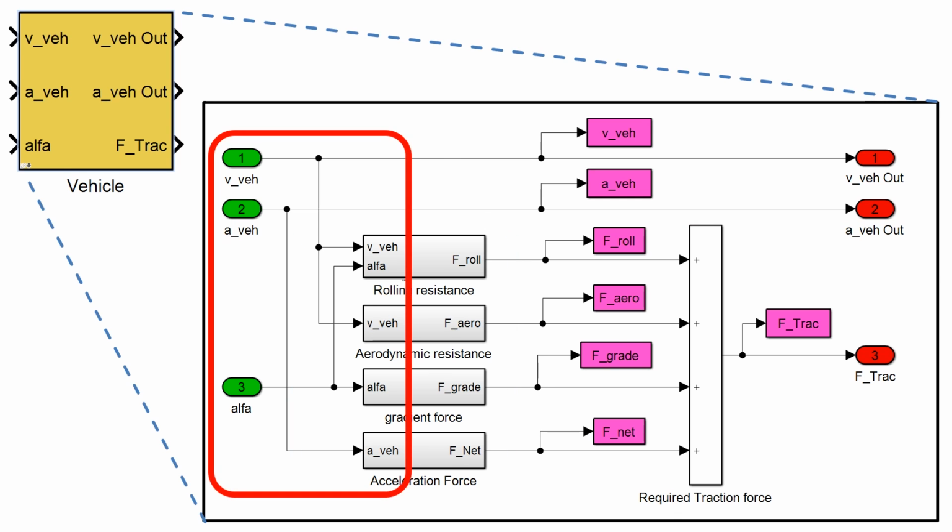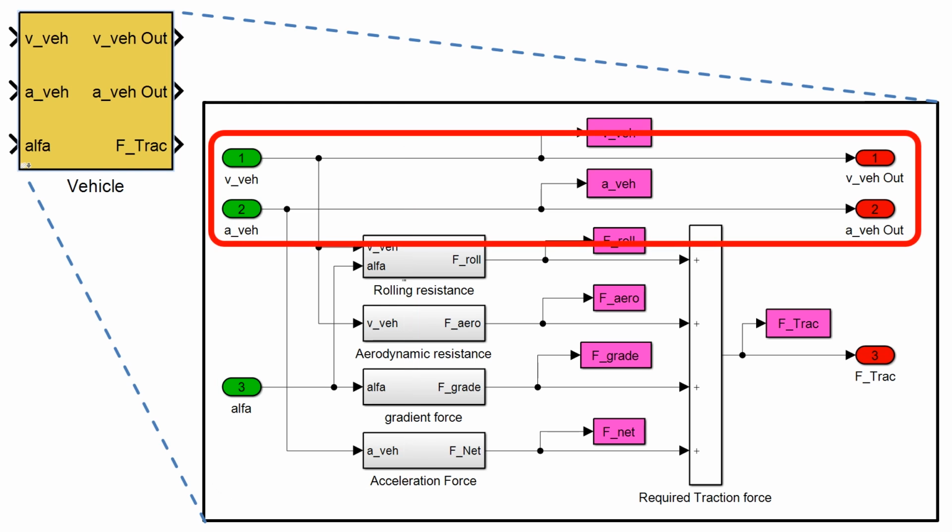These four subsystems also use the three vehicle model inputs as their inputs. Notice also that the vehicle speed and acceleration are not modified within the vehicle model, but are only passed on to the output. So, we can conclude this video by noting that the QSS vehicle model is simply a Simulink implementation of the force functions we have discussed.